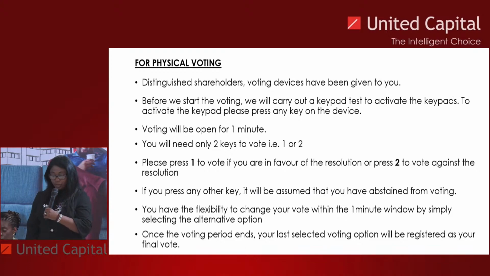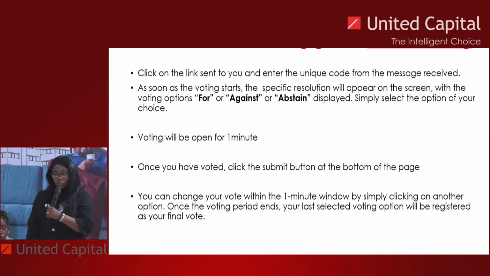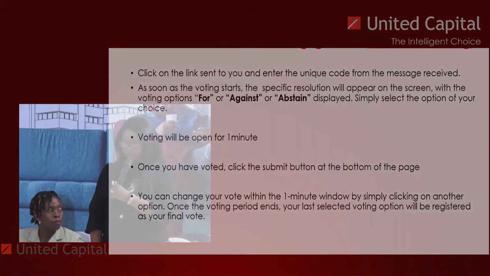For those voting from the online platform, you will be expected to click the link sent to you and enter the unique code from the message received. As soon as the voting starts, the specific resolution will appear on the screen with the voting options for, against or abstain displayed.